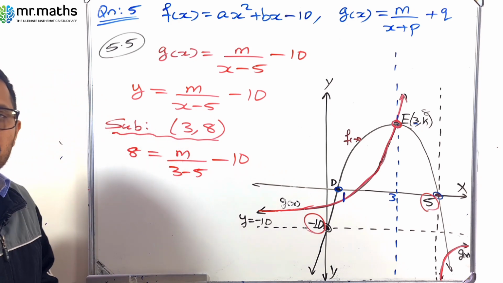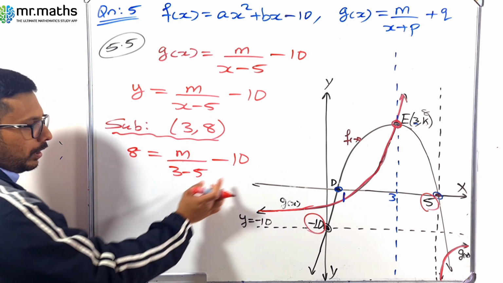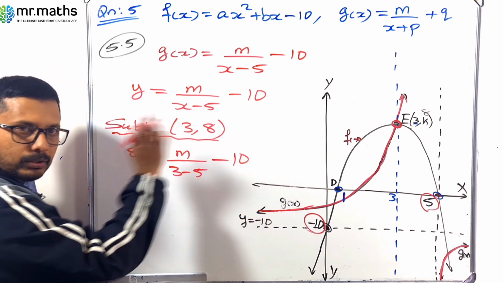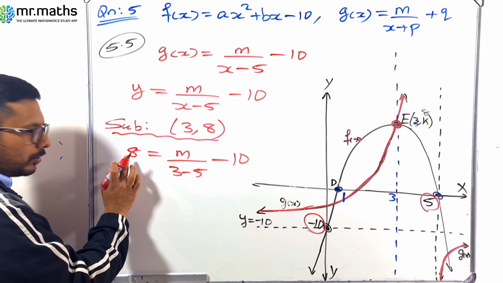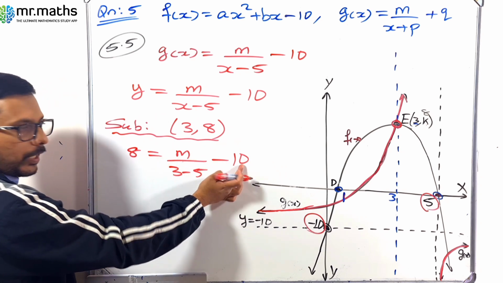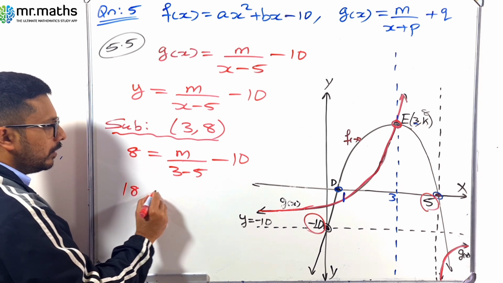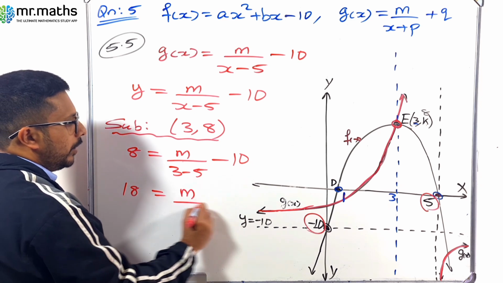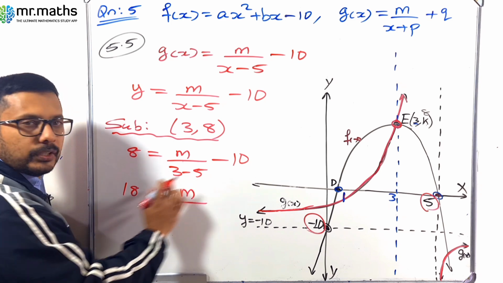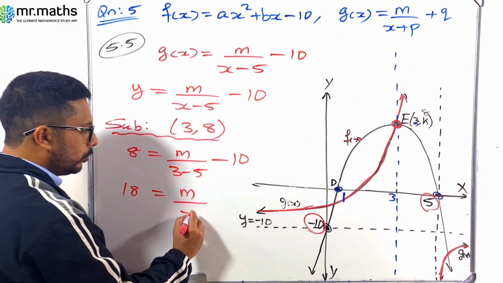So we have to solve this one and try to find the value of m. So minus 10 on this side is plus 10. So 8 plus 10, that is 18, is equal to m divided by 3 minus 5, which is minus 2.